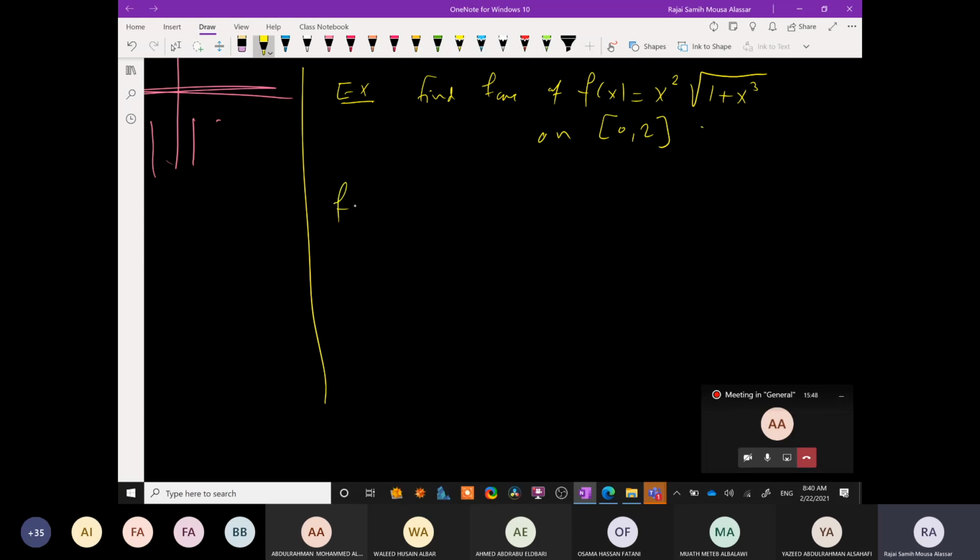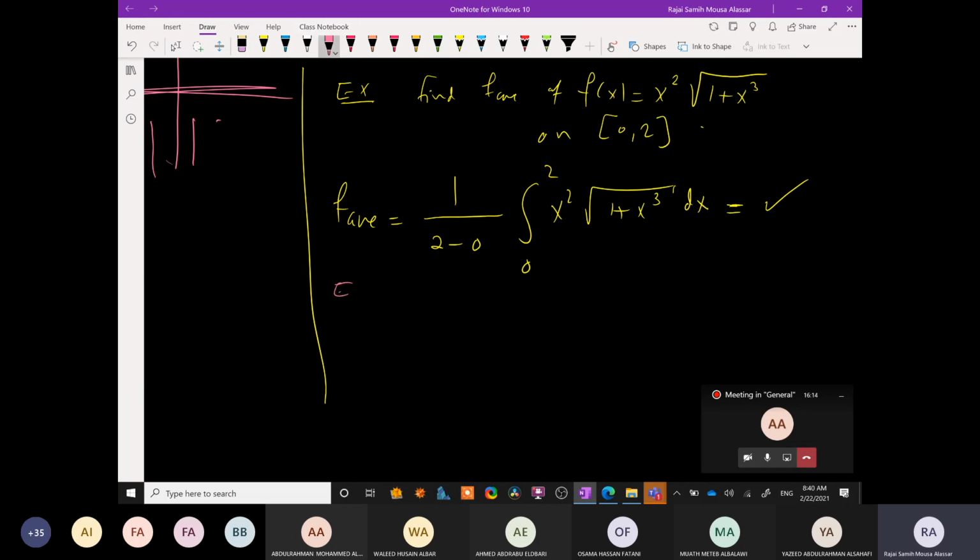So we say that the average of that function is 1 over the width of the interval, which is 2 minus 0, times the integral from 0 to 2 of x squared times 1 plus x cubed dx. I am not going to do any integrals because this is not the objective of this class, so I assume that you will be able to do this integral, and then you get an answer to that.